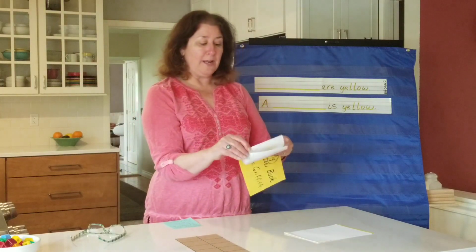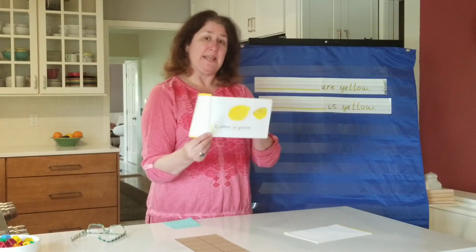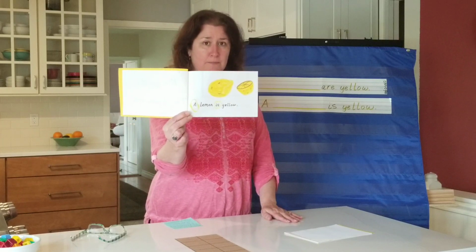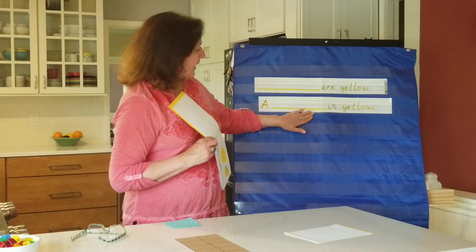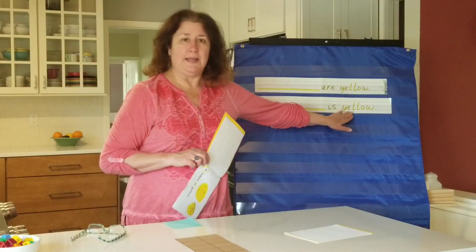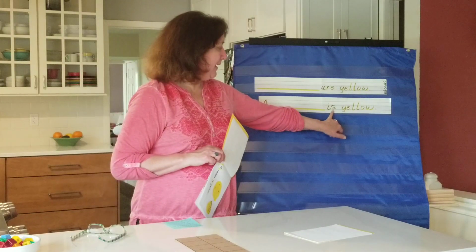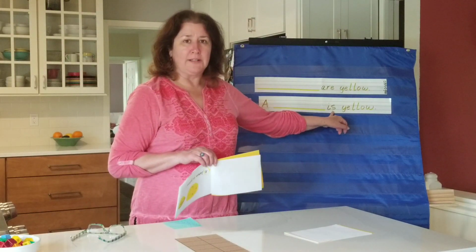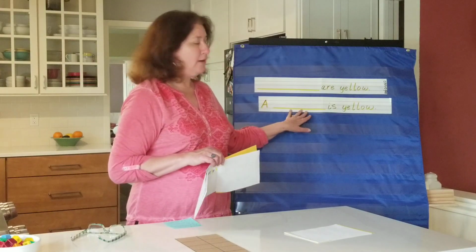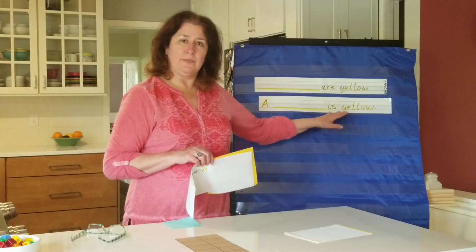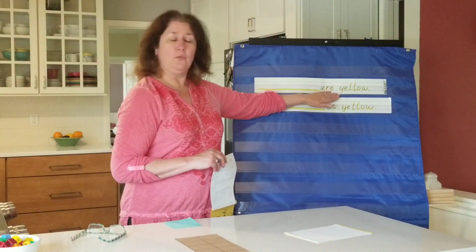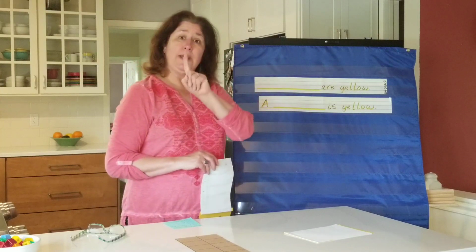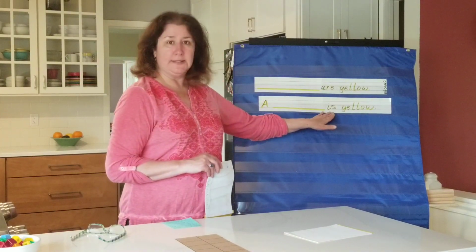But when I'm writing about one thing, one single thing, like a lemon, I would say a lemon is yellow. Okay, I would use the word is. It would not sound correct to say a lemon are yellow. Okay, that does not sound right to our ear. So when it's more than one, we use the word are. When it's only one, we use the word is.